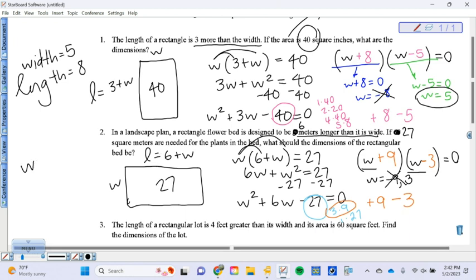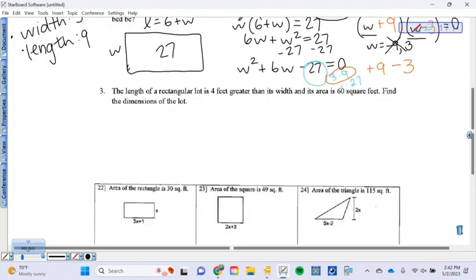And now I know my width is 3, and then my length is 6 more than the width. So what's my length? 9. Good. Okay. So when I ask for dimensions like this, I'm looking for width and length. Width and length.